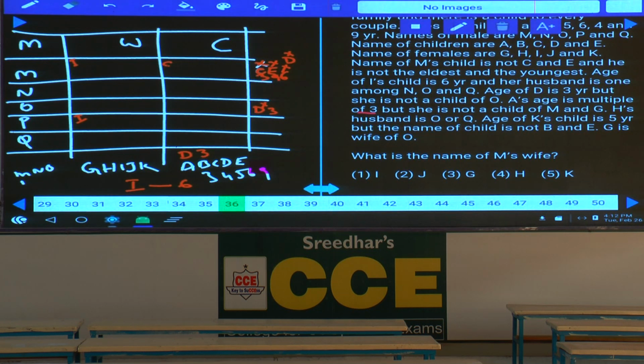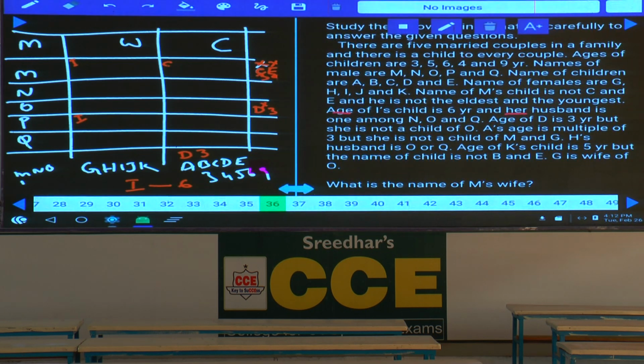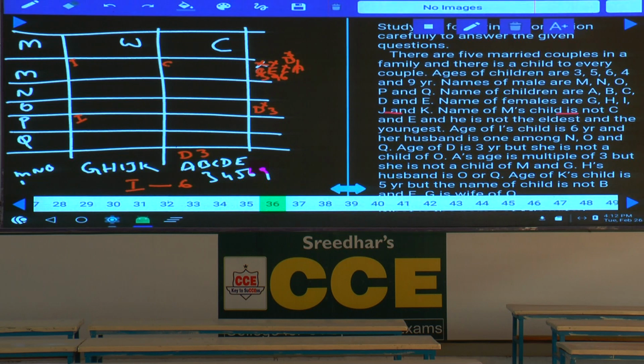But A is not a child of M and G. Now A cannot be here, M and G. Now tell me, who can be the child of this M? A cannot be here, D cannot be here, C cannot be here, E cannot be here. Then who is the other person? B must be here, isn't it?